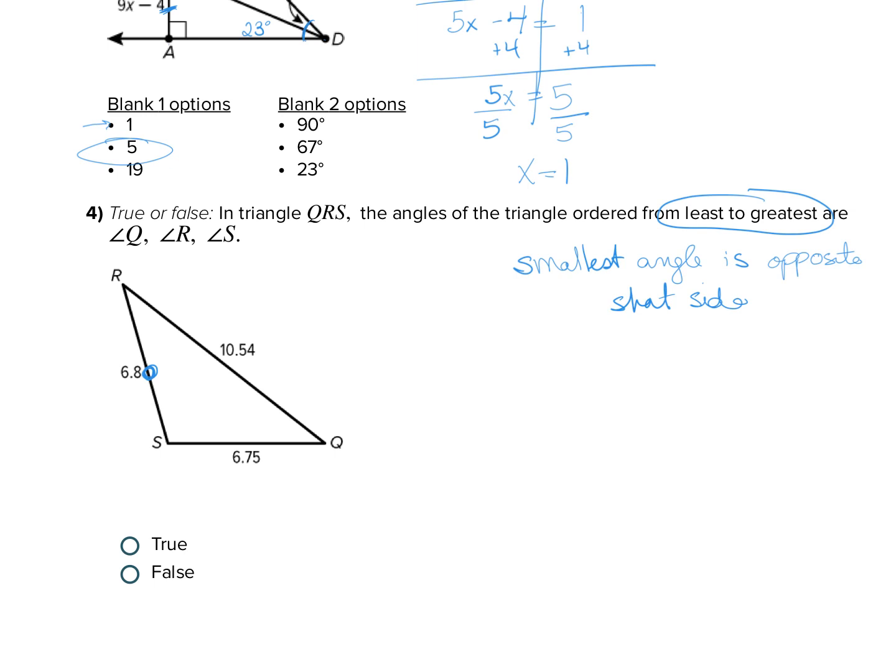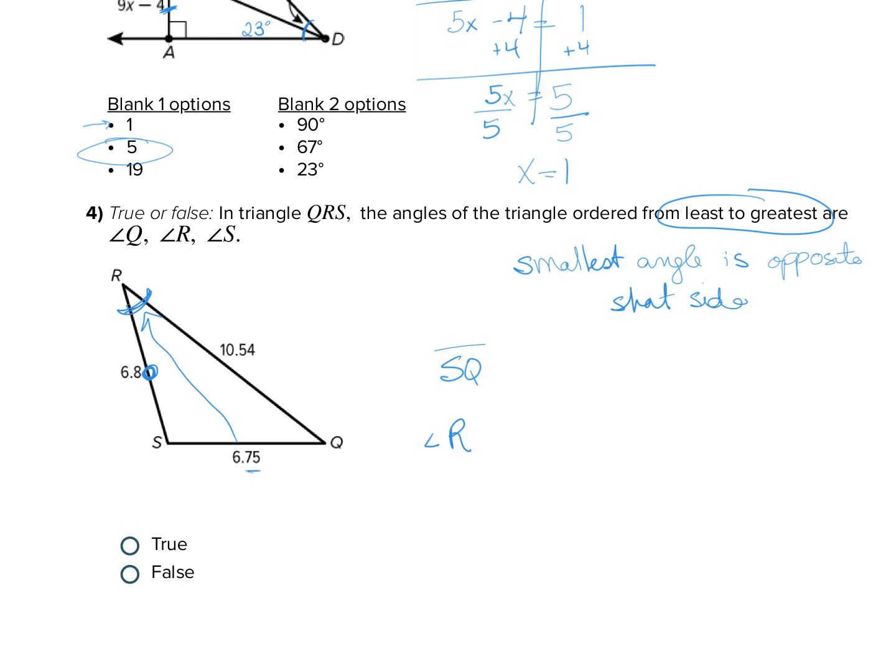Okay, and $6.75 is less than $6.80. So SQ is my shortest side, and that is opposite angle R. So angle R is my smallest angle.